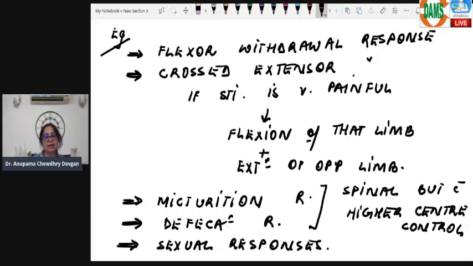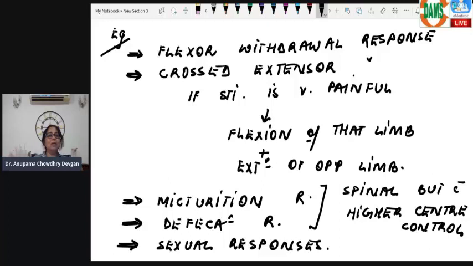So which are the polysynaptic? These are just examples, right? Flexor withdrawal. You touch something hot, there is a flexion of that limb. That is flexor withdrawal. It's a polysynaptic and a spinal reflex. What is crossed extensor? If stimulus is painful, that limb will flex, opposite limb will extend.